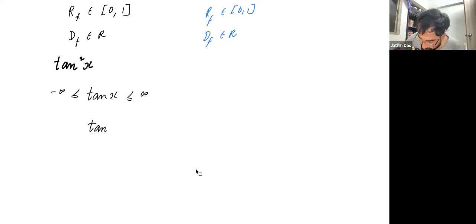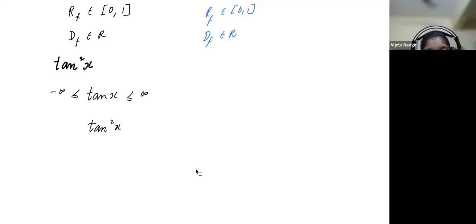Okay. Now, tan square x. First you think about tan x. What was its range? -infinity to infinity. So what do you think? Squared, it will be 0 to infinity.